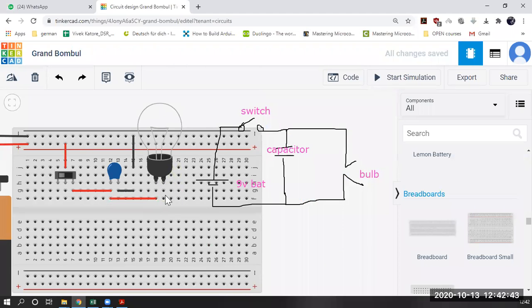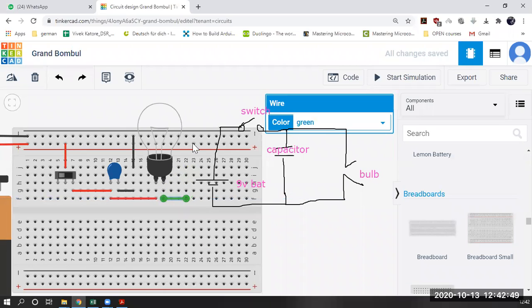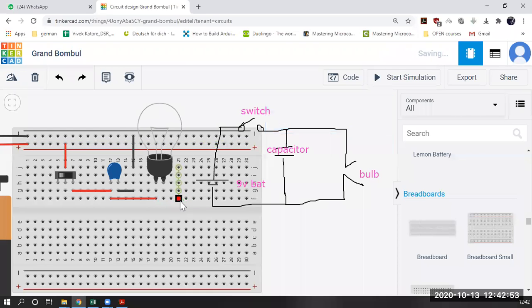Then this part is remaining. Where do I want to connect it? To the negative side. So I will connect it here. It's simple, but you just have to give a little concentration. I can connect it here or here also.